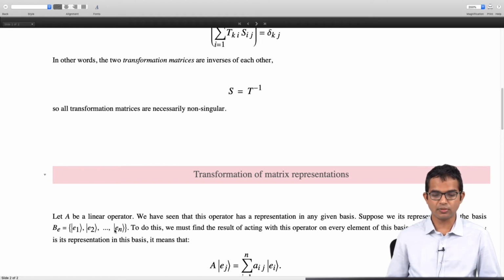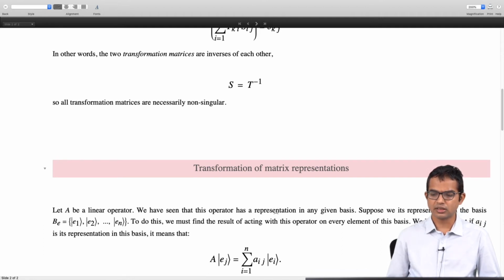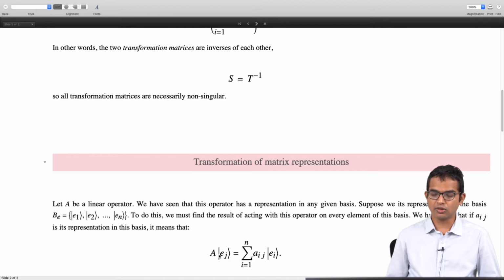So let's say you start with the basis BE. You have E1 all the way up to En, and then to find out what this operator looks like in this basis, you must find out what it does to each of the elements of this basis, right? Like we discussed a few lectures ago, A acting on Ej is summation over i of Aij Ei.